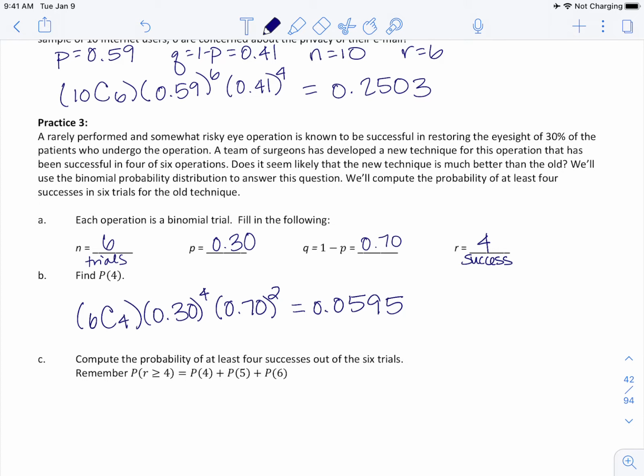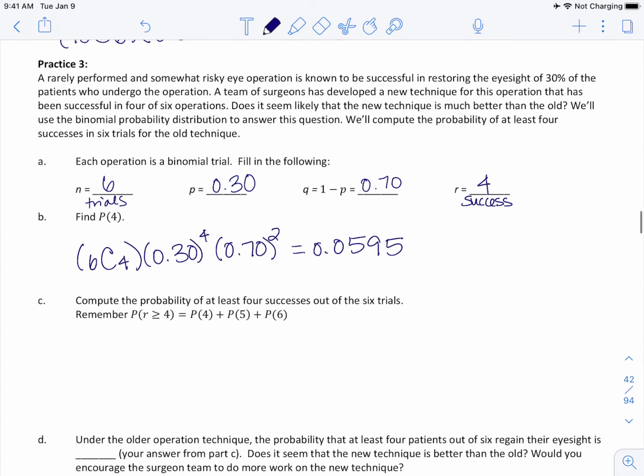Now I want to compute the probability of at least 4 successes out of the 6 trials. So remember, we can do this as the probability of 4 plus probability of 5 plus probability of 6. So we found the probability of 4, right? That's what this was up here. So our probability of 5, we're going to do 6C5 times 0.3 to the 5th times 0.7 to the 1st.